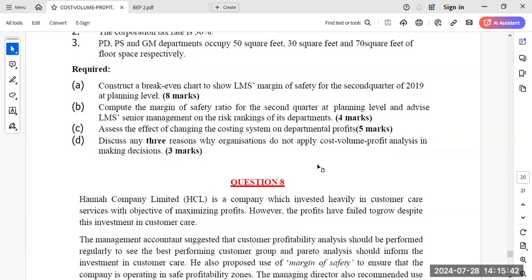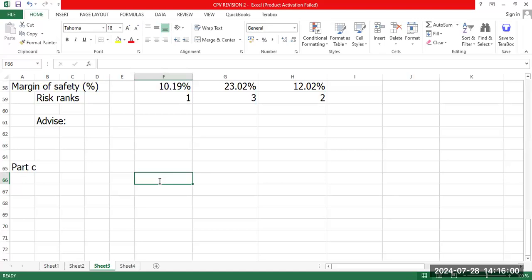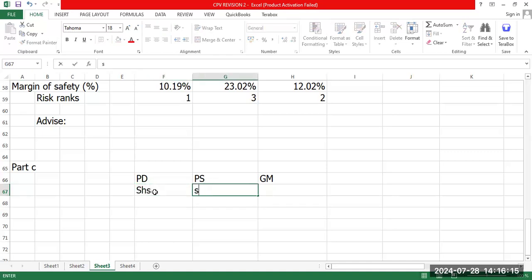So what you are going to do, remember originally you are using CVP analysis. Now you want to use ABC analysis. What you're going to do is to actually first get, I can put here a PD, I put here PS, I put here GM. Then I first know the reported, this is our shillings.